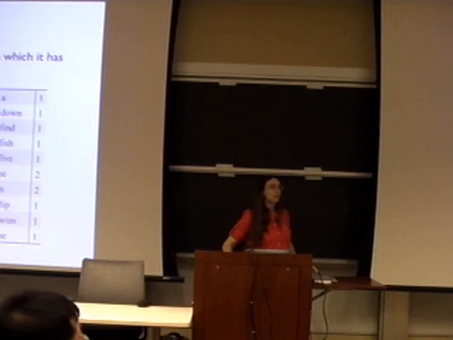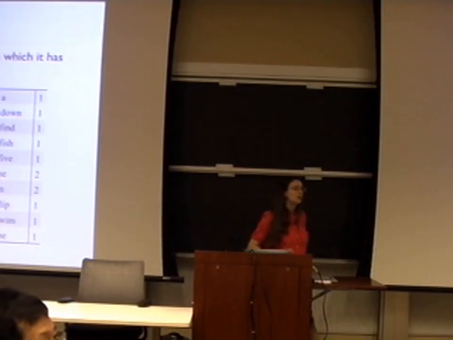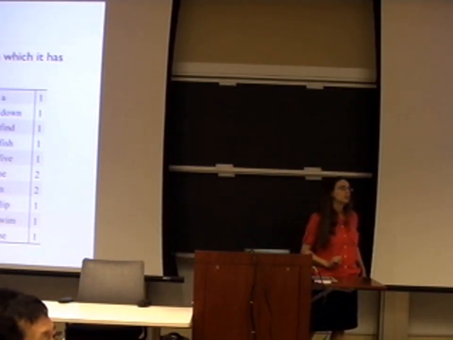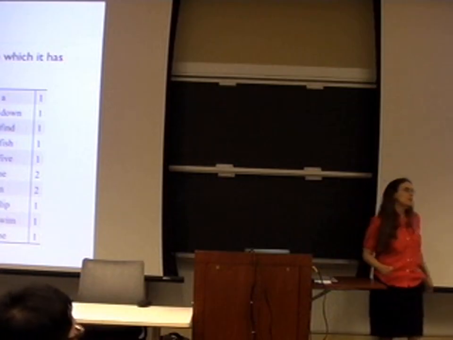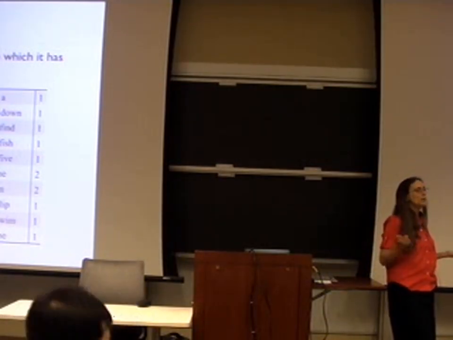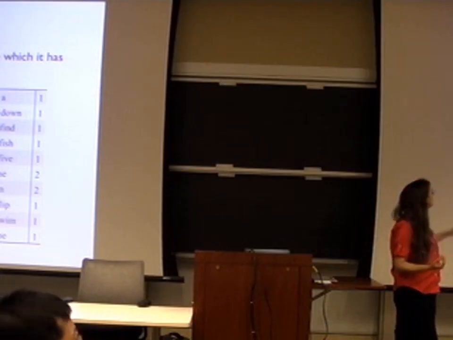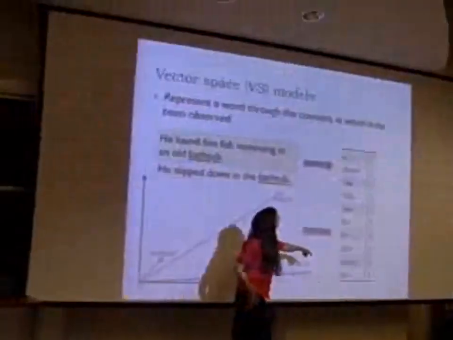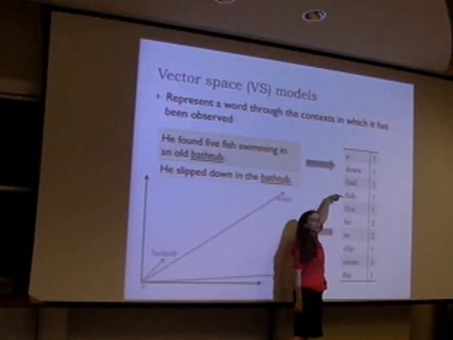Before you go further, can I just ask, what are the coordinates of your space? The coordinates of the space can be different things. They can be words that you observe in the context of, say, bathtub. The way that I've done this here, the coordinates are words, so things like a, down, find, and fish. But they don't need to be words.